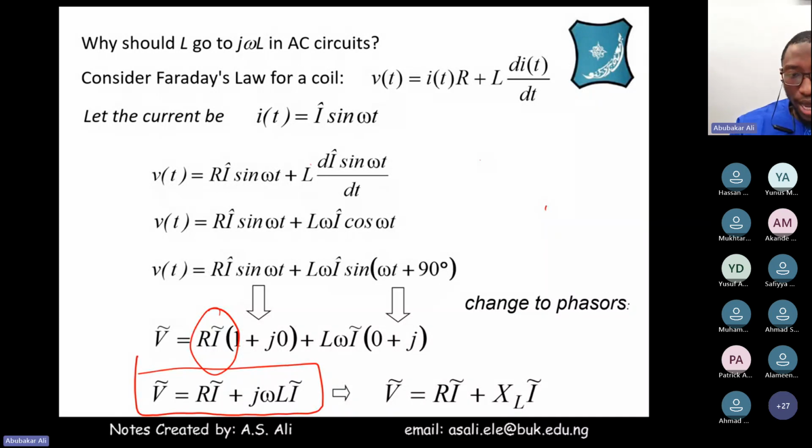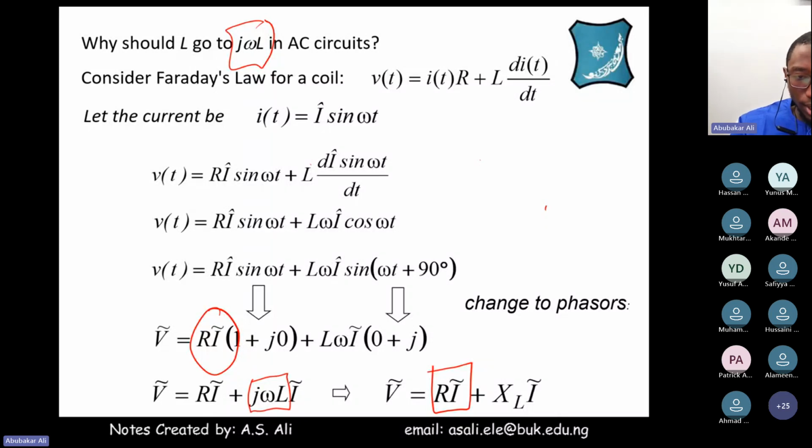So in the coil, we have resistance. So we have this term, and then we have the j omega L here, okay, multiplied by I. And that's here, you can just say V is equal to XR plus XL times I, okay?